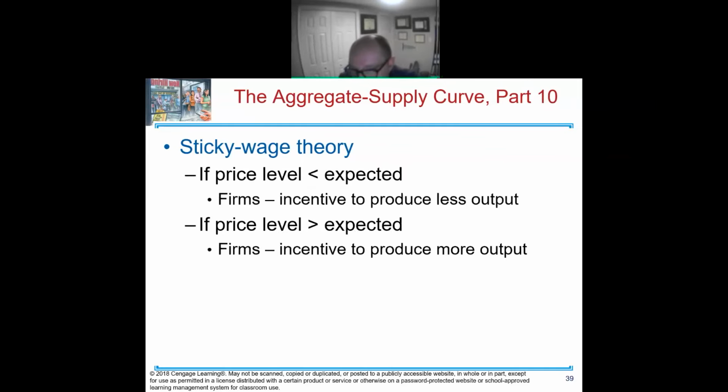They're sticky. They move slow. Okay? If the price levels are less than the expected amounts, firms might produce less. If the price level is greater than the expected amounts, firms will produce more.